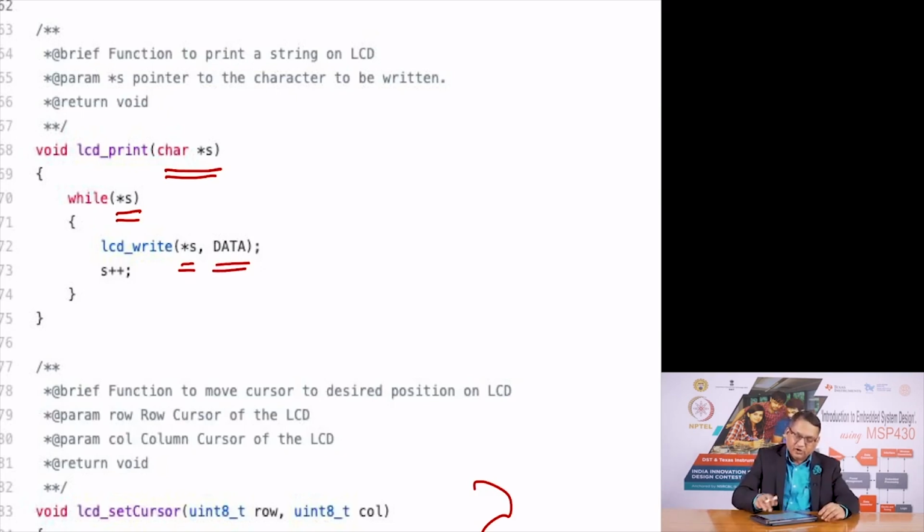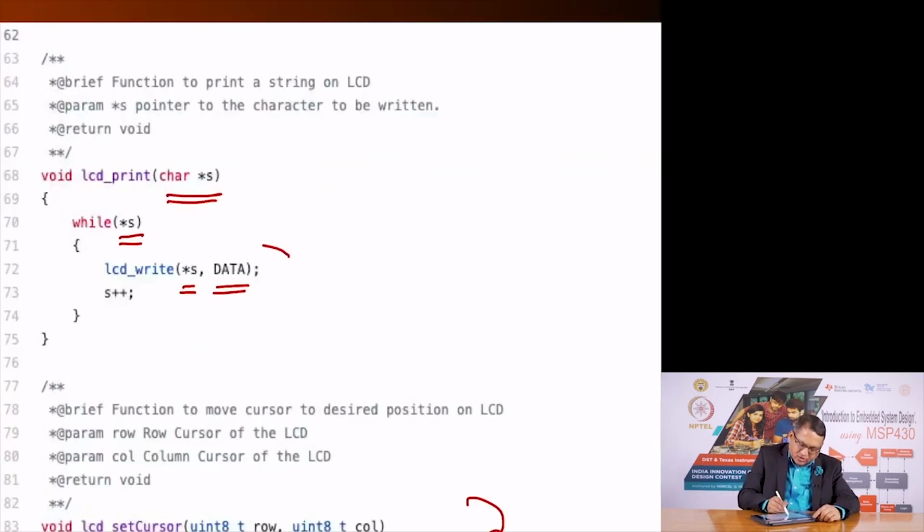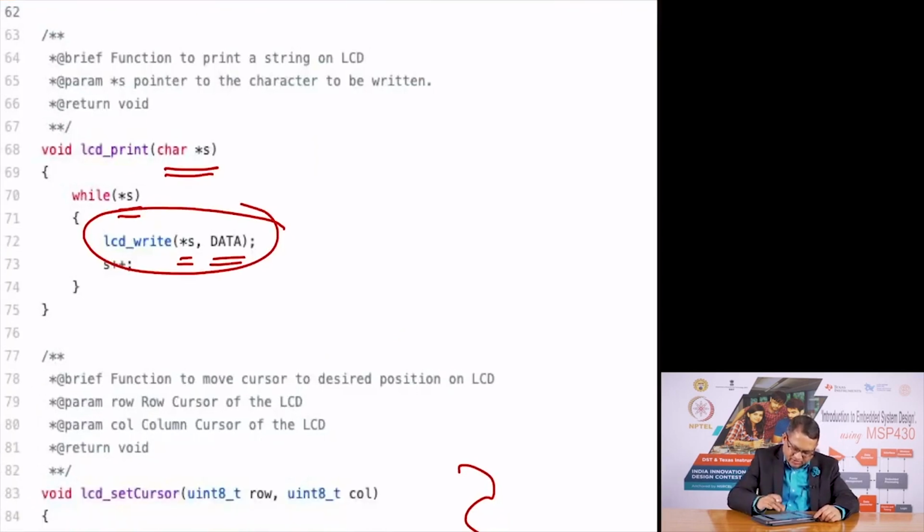What does it consist of? It consists of these characters in the apostrophes, hello embedded. So you are sending one byte at a time to the LCD write function here. So let us go and evaluate the LCD write function.